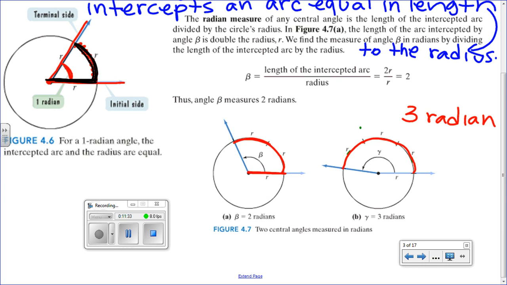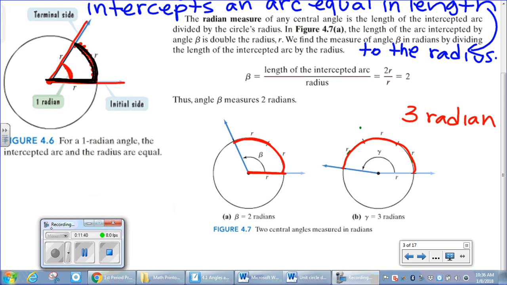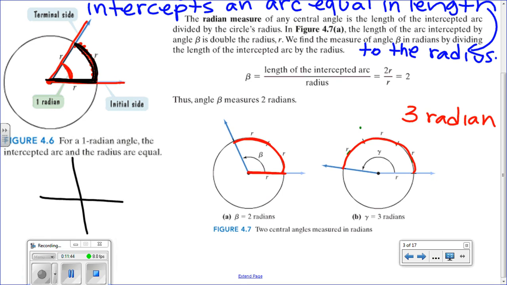Okay, guys, do you remember? If you don't, it's okay. Before the end of the semester, we went over how 180 degrees was equal to what? Do you guys remember I told you that was pi?